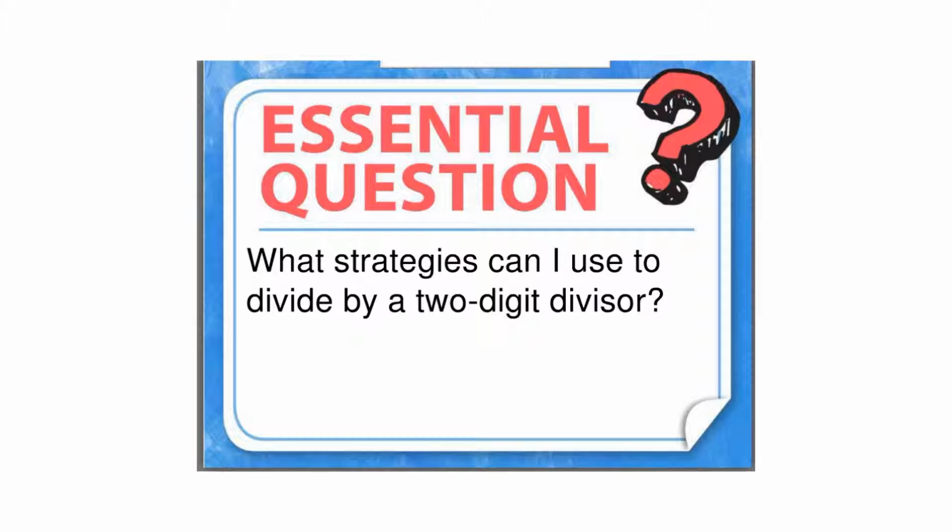Because the numbers are bigger, the strategies we use to divide are going to be a little bit different. Like in chapter 3, we were able to draw pictures or use models, things like that. On this one, we aren't going to be doing that as much because we're using bigger numbers. It would kind of be a waste of time to do some of those strategies with bigger numbers because it just doesn't work as easily.